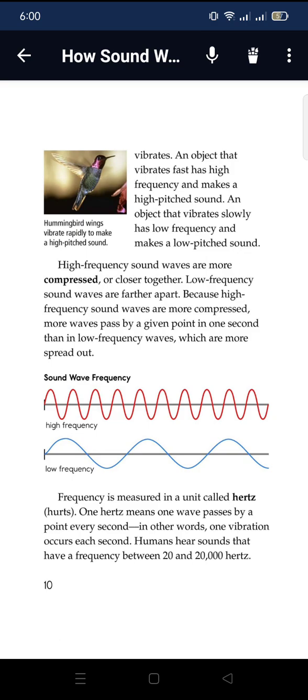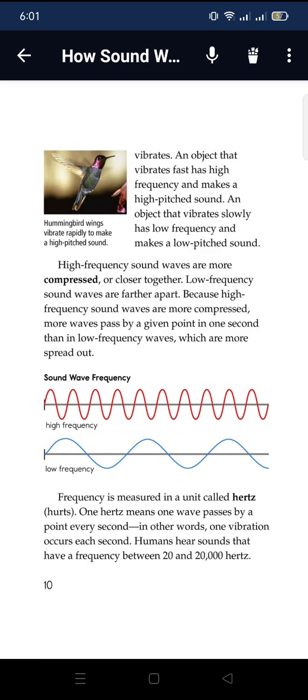High-frequency sound waves are more compressed, or closer together. Low-frequency sound waves are farther apart. More high-frequency waves pass by a given point in 1 second than low-frequency waves, which are more spread out.